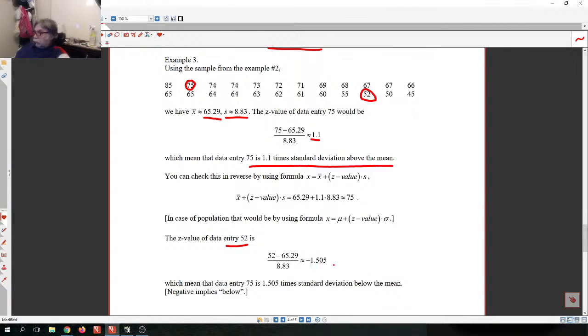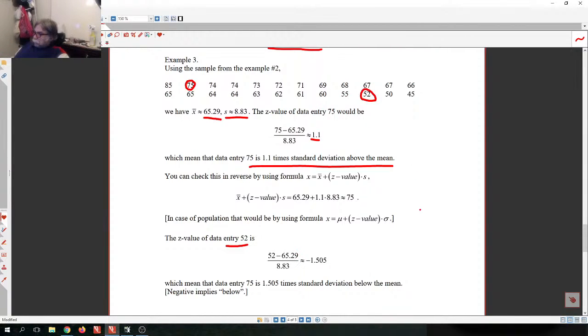Negative 1.505. I'm using 3 decimals here because the 3rd decimal is 5, and I don't really want to round it. I just want to keep it this way. Which means the data entry 52 is 1.505 standard deviations lower than the mean. The negative means lower than the mean, a negative z-value. Above the mean, a positive z-value.